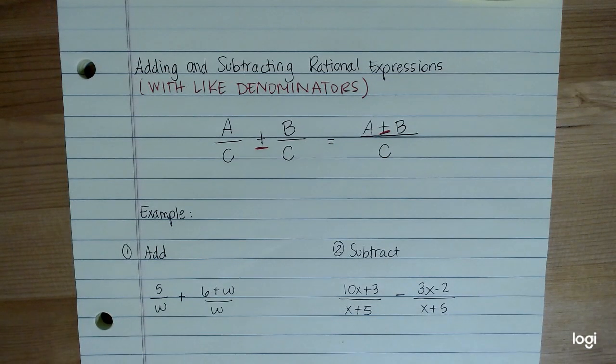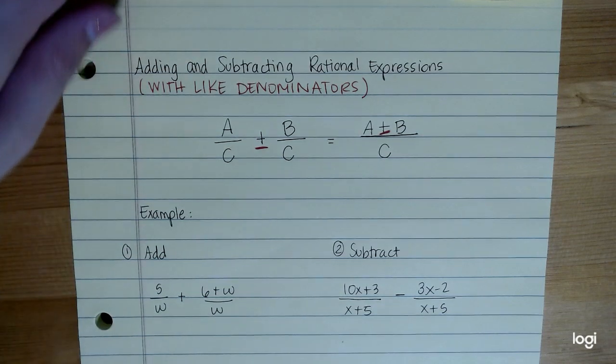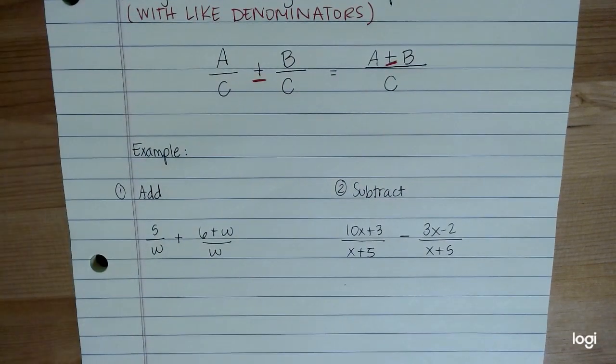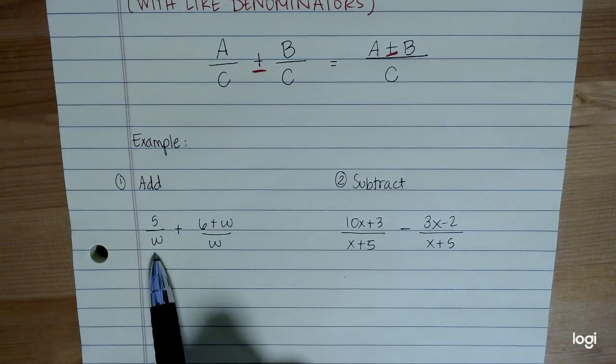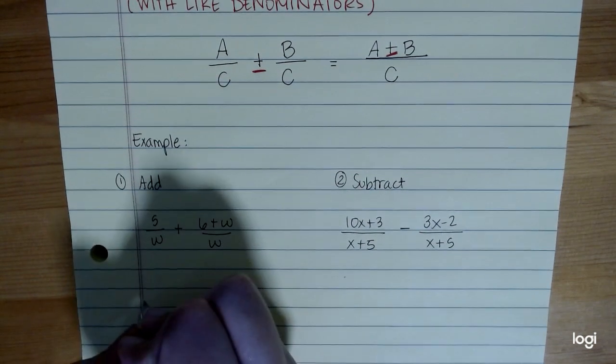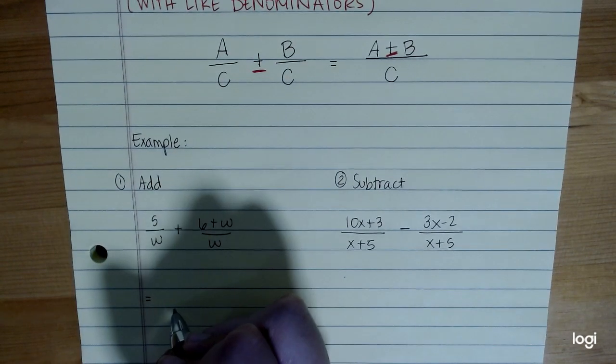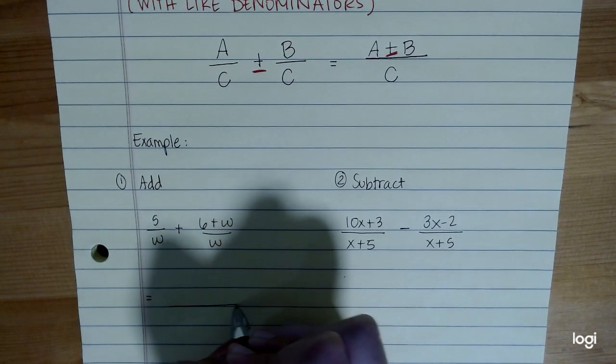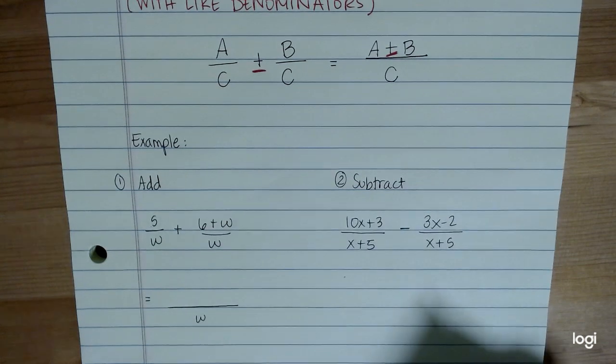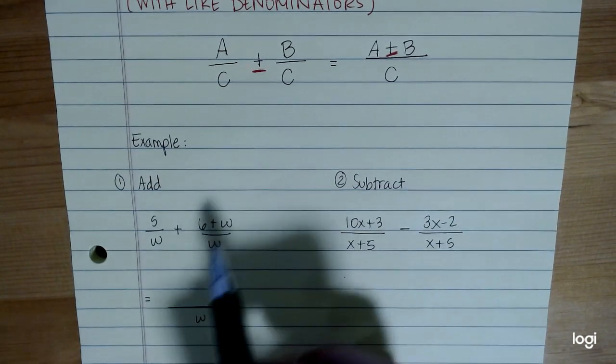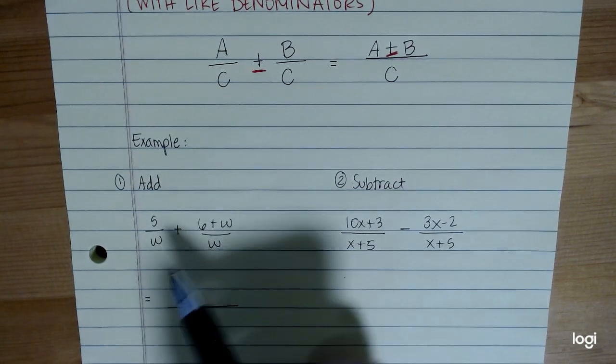So let's drop down to these two examples and look at that in action. Before we proceed, we want to make sure the denominators match: that's a w, that's a w. The very first thing I like to do is write over w, so I remember that is now the denominator of my sum.